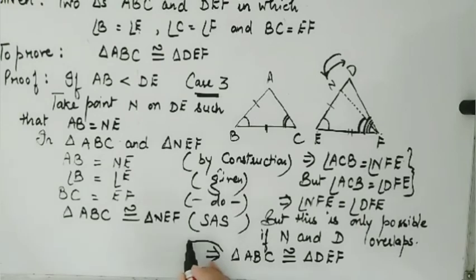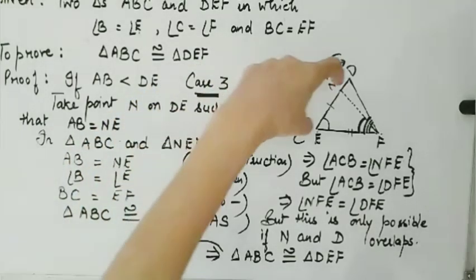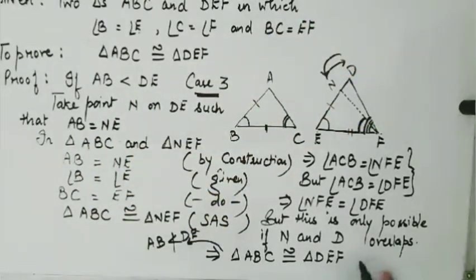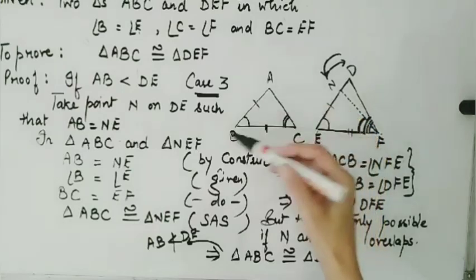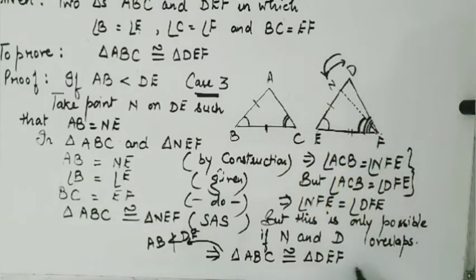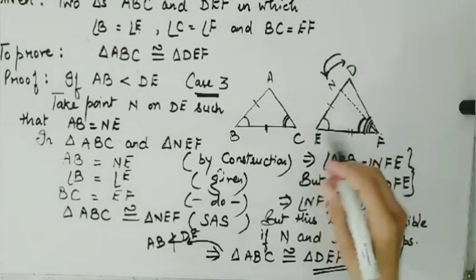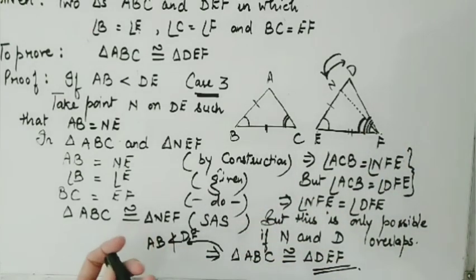This also indicates that AB cannot be less than DE. AB has to be equal to DE. Hence, ABC and DEF are congruent. So, important theorem 7.1, and that's how it has 3 cases, and I believe it must be clear to everybody.